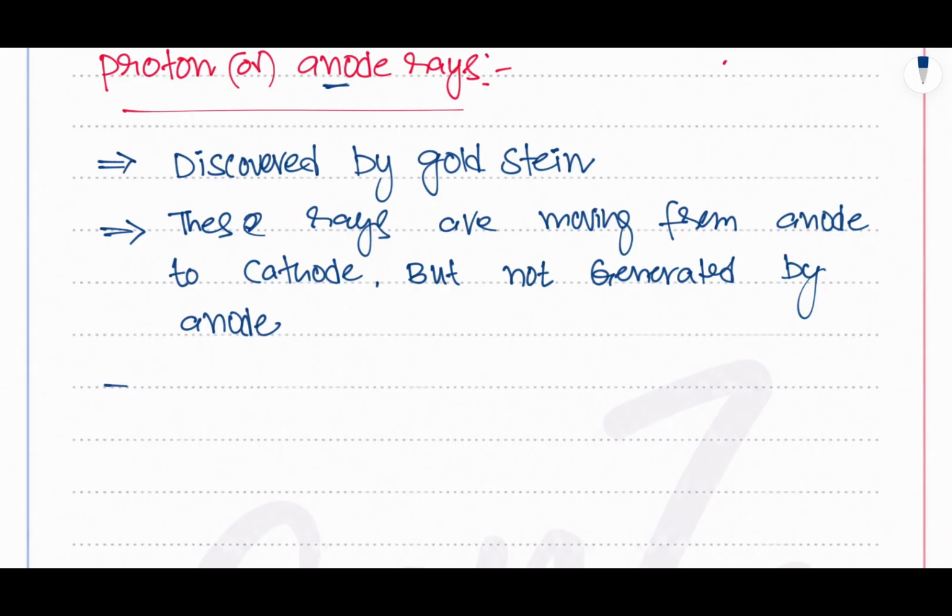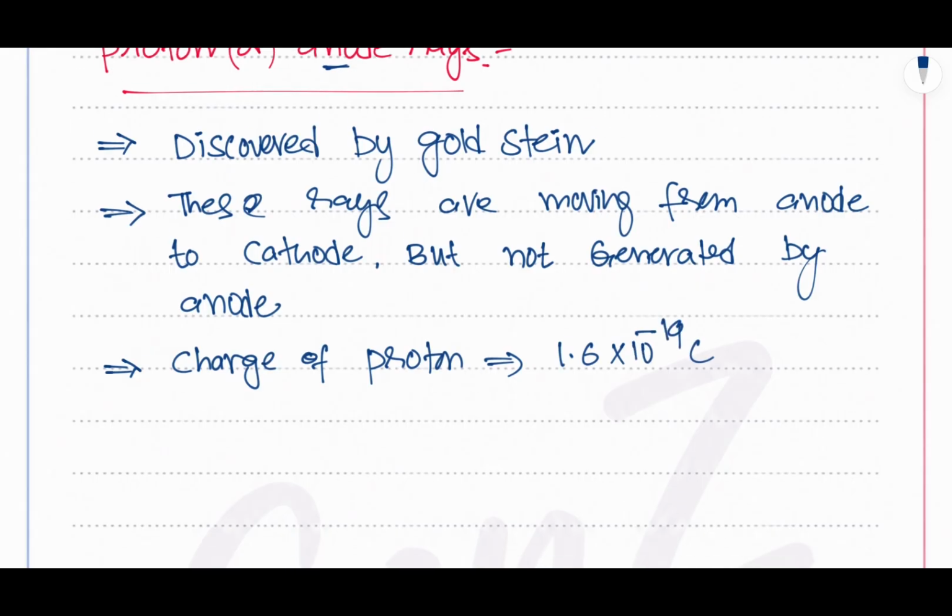Similar to the electron, this also has a charge, but exactly the opposite charge. The charge of the proton is plus 1.6 into 10 power minus 19 coulombs. It is a positive charge.